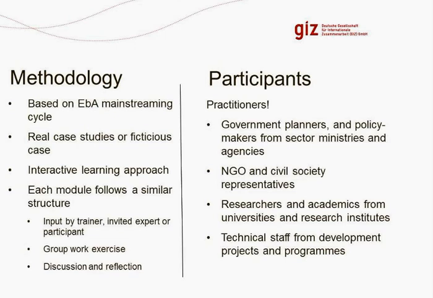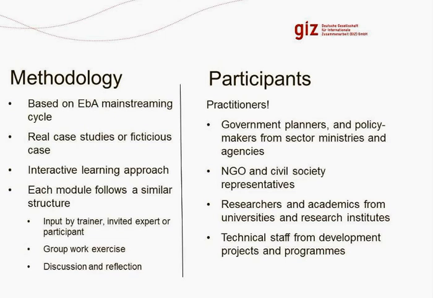You can use a real case, or several real case studies, or you can use a fictitious case which is provided in the training materials. And of course, it builds on an interactive learning approach. So there are some technical inputs, but there's a lot of group work and different types of learning tools in order to make it as interactive as possible.